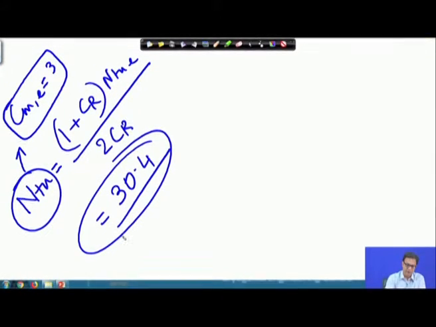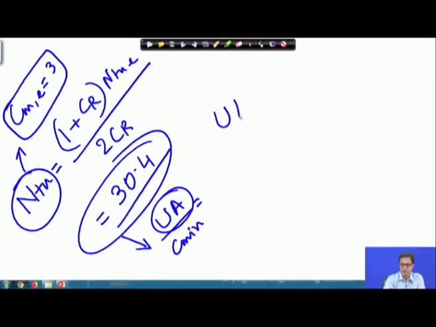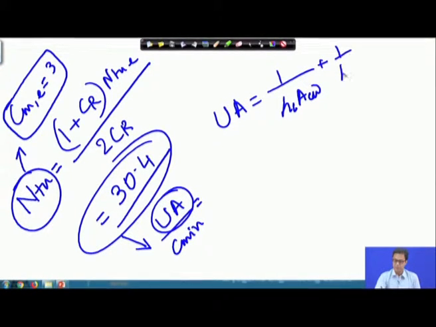So, once we know the NTU, we would be able to calculate UA by C mean. UA would become 1 by HC AC, we are calling it AW, plus 1 by HH AW, and this whole to the power minus 1.